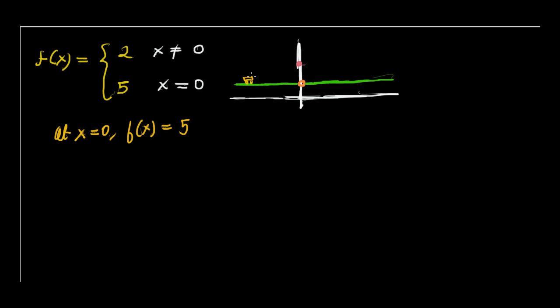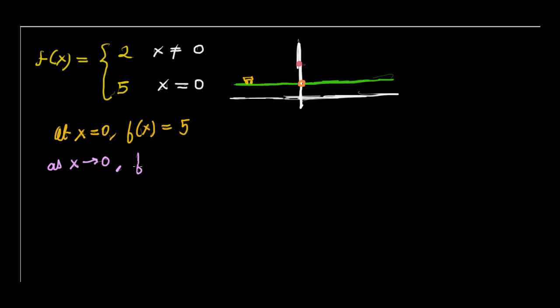So if someone asks you where you are, when your position is x equal to 0, at what height are you? The driver will say, well, I'm at 2. But he's not quite right, because at x equal to 0 it is equal to 5. So it's a small ditch there.